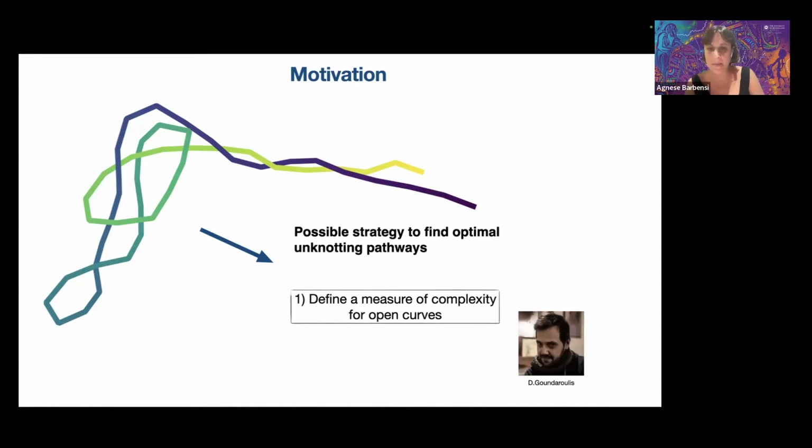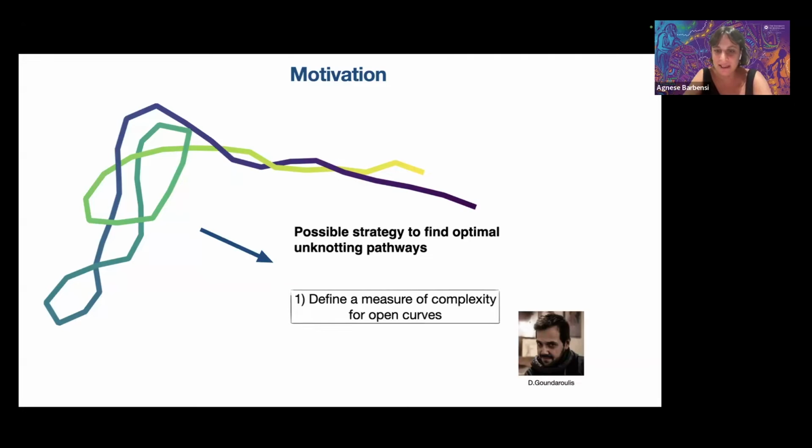And this problem of defining a measure of complexity for open curves is something that Dimos and I started thinking about quite a few years ago when I was still doing my PhD. So this started as an old project. It started a few years ago, and then Alex and I, together with Dimos, resuscitated it more recently.